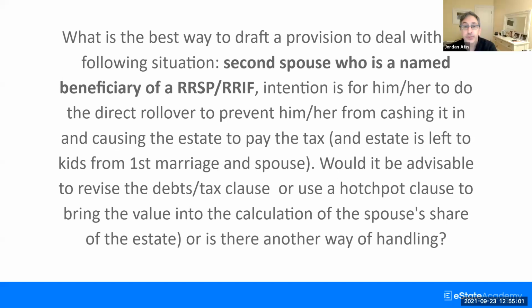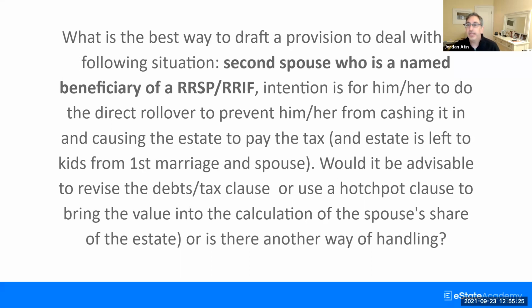RSPs and RIFs for blended families. This is a real problem, because you can't make a conditional gift of an RSP or RIF and still get the rollover. The spouse has to be the beneficiary of that RIF, and they have to roll it into their RSP or RIF to get the rollover.